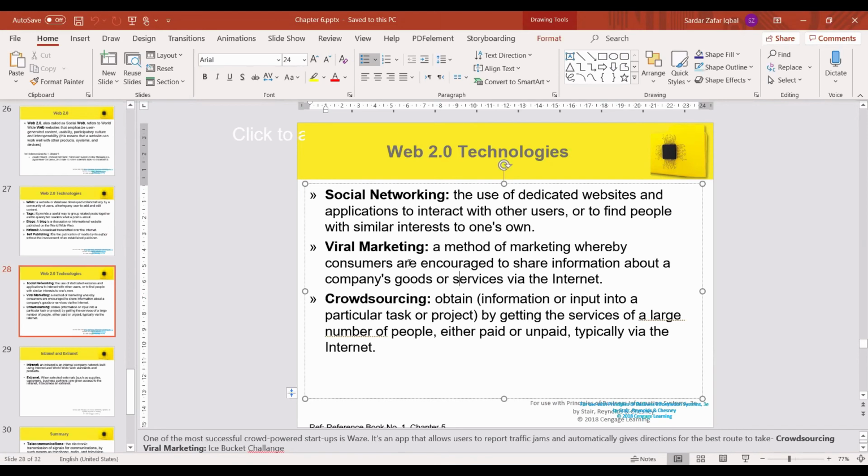So the consumer, the user, the customer is doing marketing for any business. For example, the restaurants, you can publicize or market or advertise different restaurants on your personal account, and you're also a client of those restaurants. So this is called viral marketing.